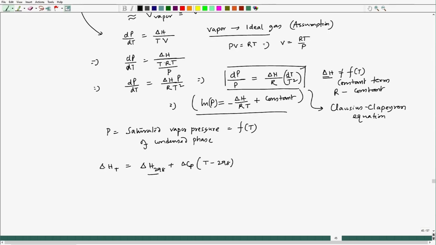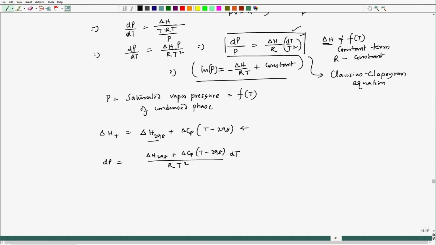Now, I can use this formula. If I put it here, it will be P.